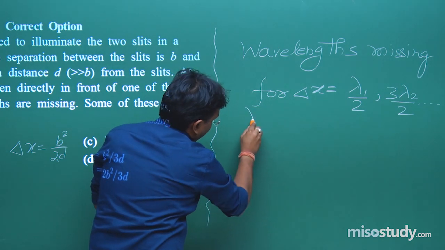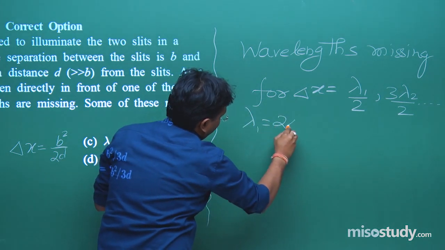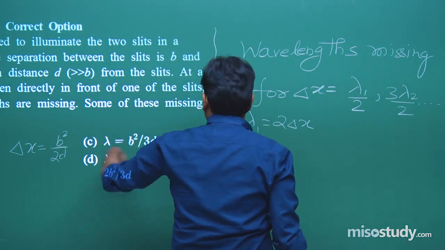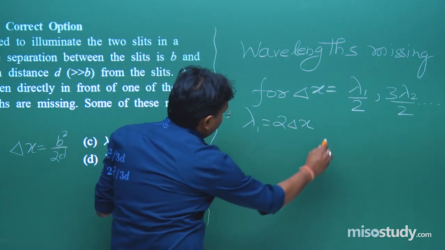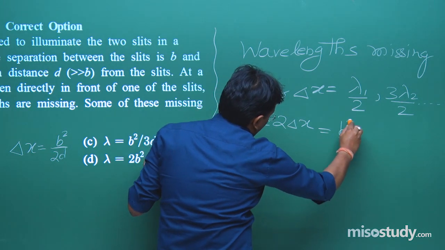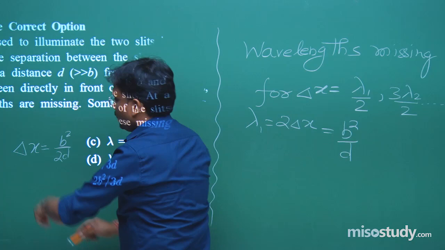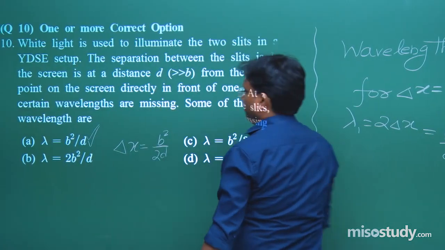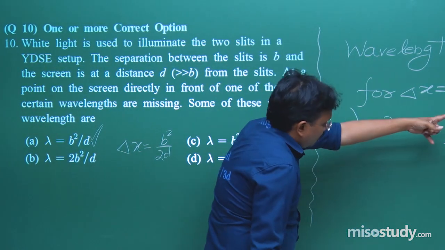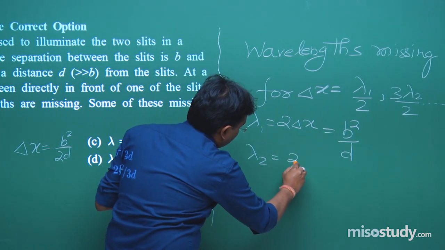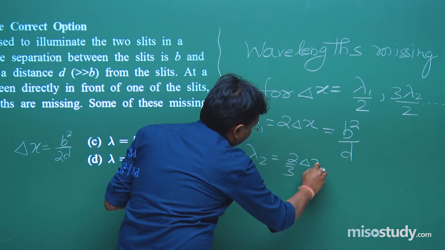Fine. So, lambda 1 is equal to twice delta x. Now, put the value of delta x over here. So, it will give you B square upon d, B square upon d. A is correct. Next is for lambda 2. Fine. So, lambda 2 is equal to 2 by 3 delta x.